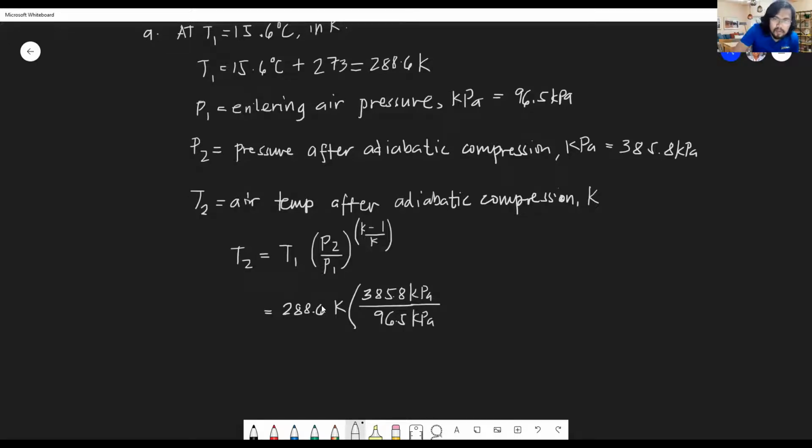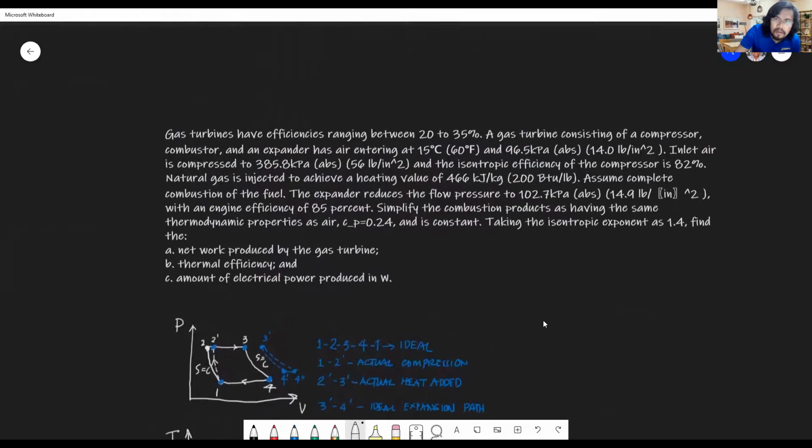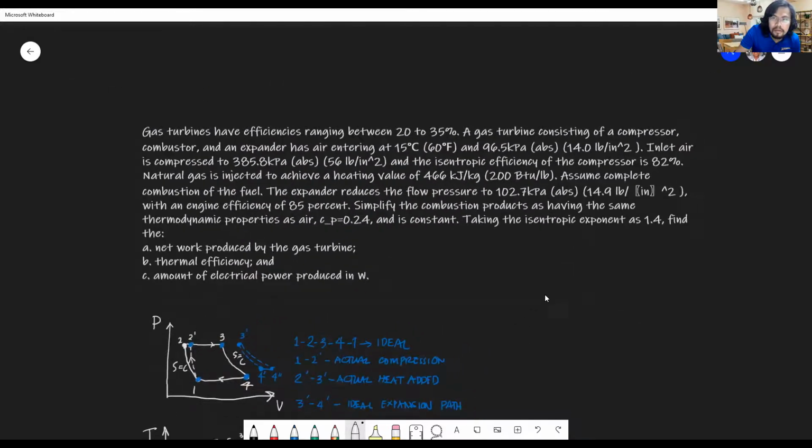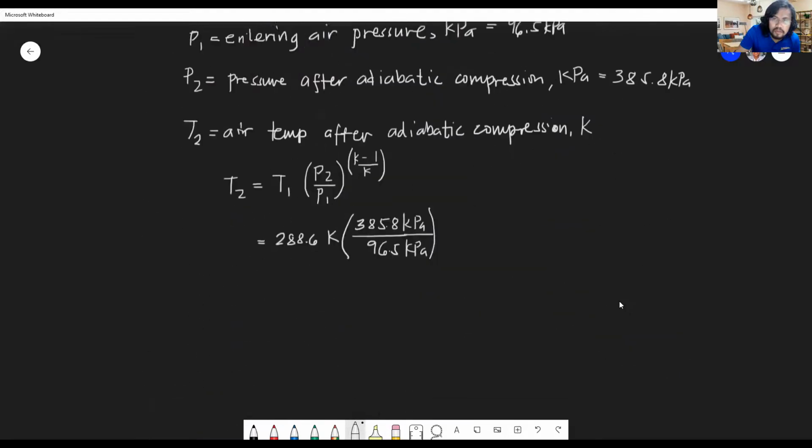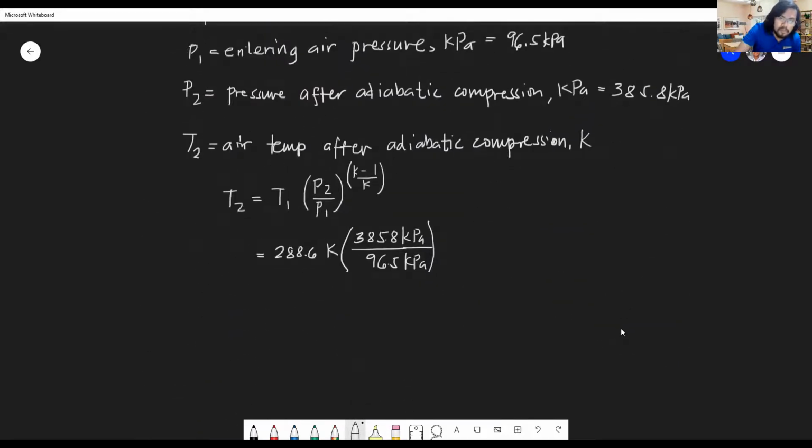And we have to raise this to what? The exponent is given, 1.4. So it's 1.4 minus 1 over 1.4, and we get the T2.